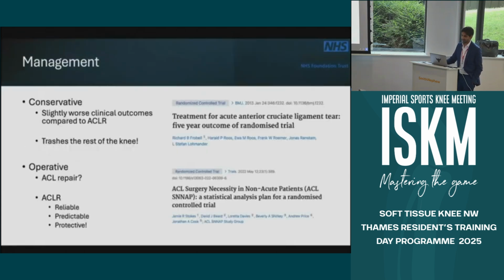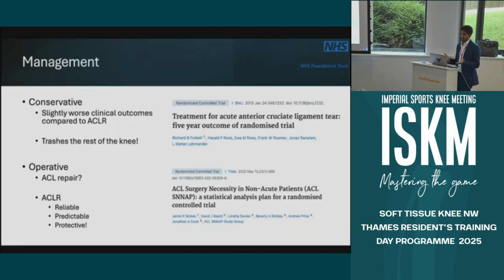All of us. So how do you manage it? Well, 2 big papers that you can quote. The old style paper was by Frobell in 2013 from the BMJ. He basically showed that if you treated ACL injuries, over 5 years the outcomes were fairly equivocal.